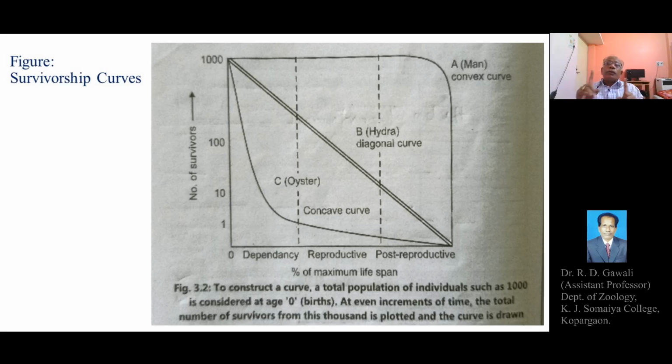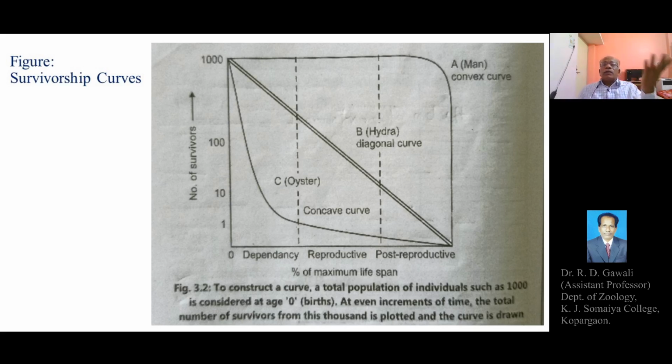Getting it? So the initial number of the population is 1000 individuals. Out of these 1000 individuals, let's consider and explain how many individuals die during their lifespan, or in each stage of life.